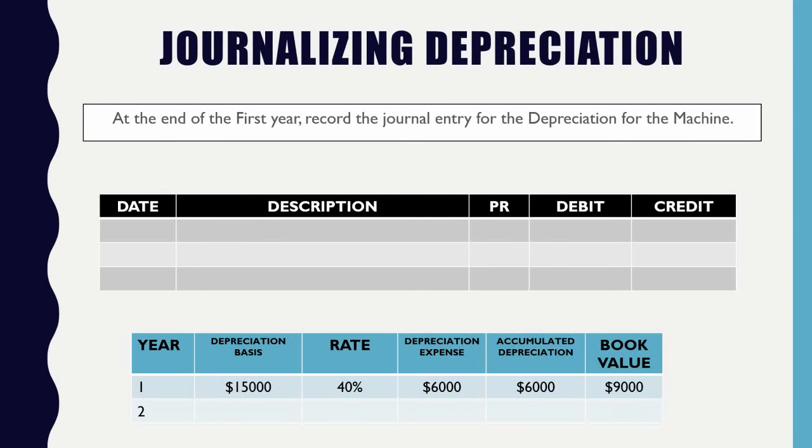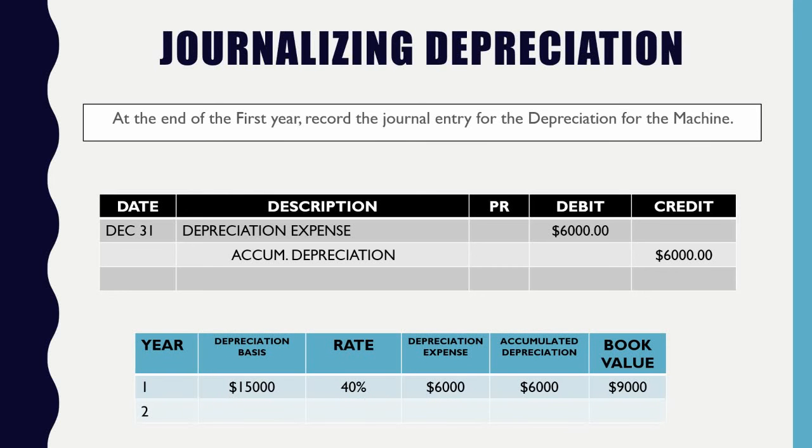Okay. Now we're going to practice journalizing it, right? As we've mentioned before earlier, your journals are going to look identical to each other, because the only difference here is just the numbers. So for this example, it says to journalize the first year of depreciation expense.